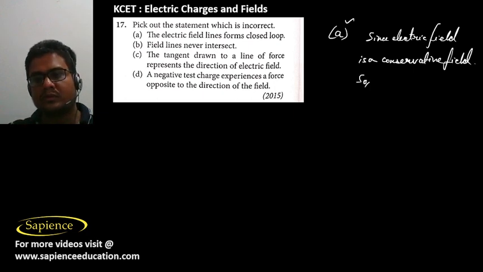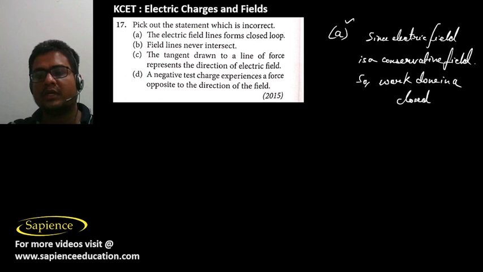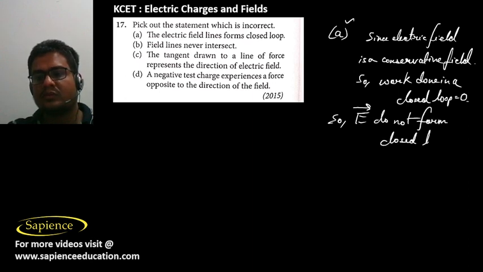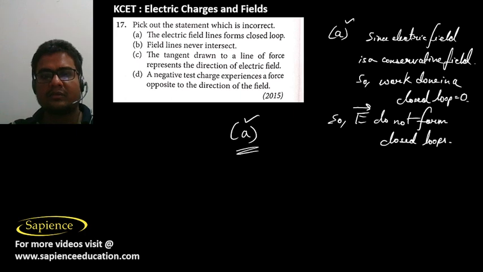So work done in a closed loop is zero, so they don't form closed loops. Option A is the correct answer since the statement is incorrect.